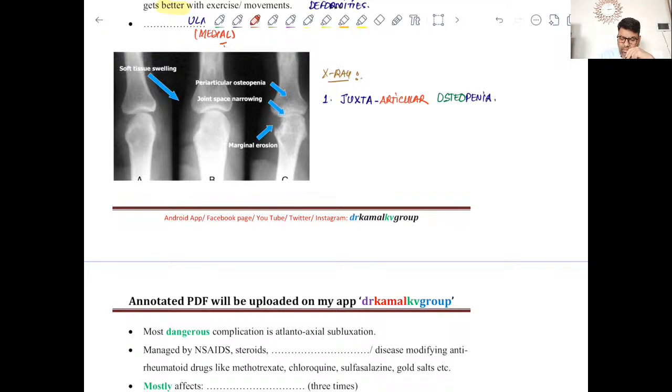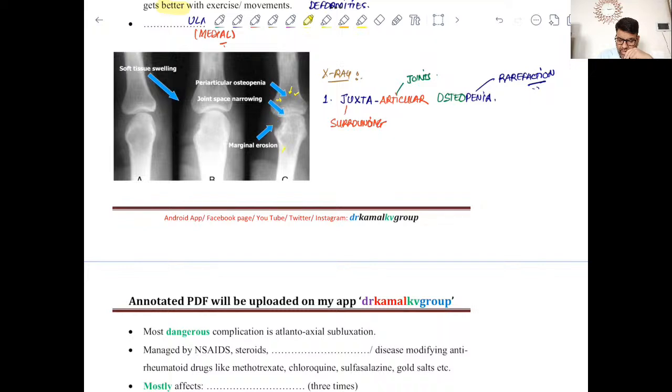Juxta means surrounding, okay. Articular means joints. Osteo is bone. Penia means you can say rarefaction, right? So on X-ray, if you see, you will see black shadows.